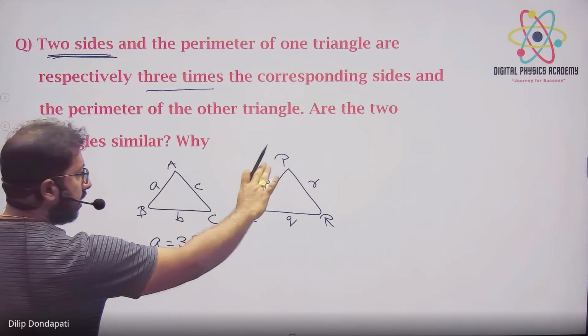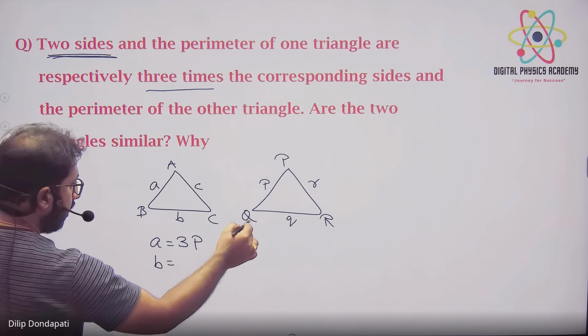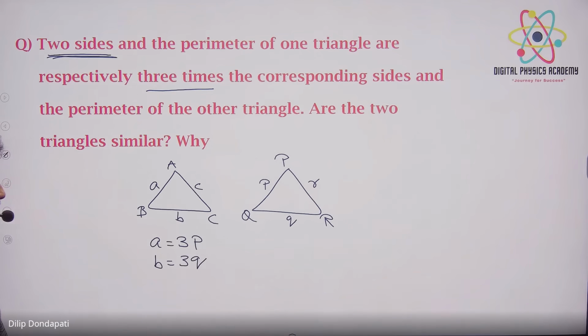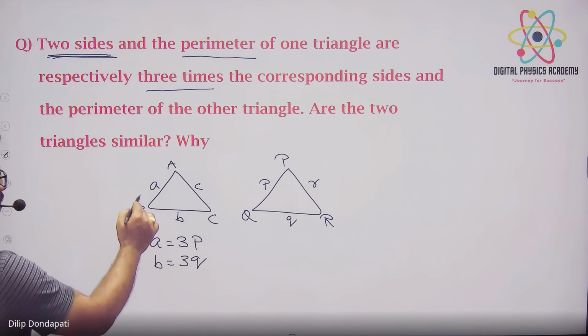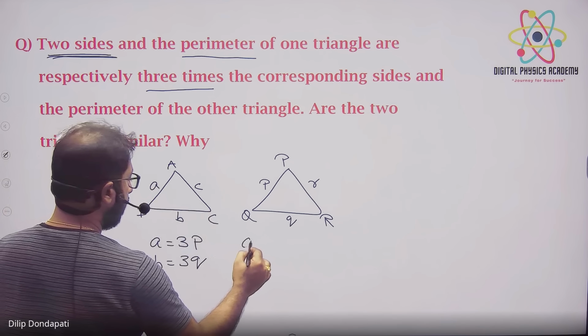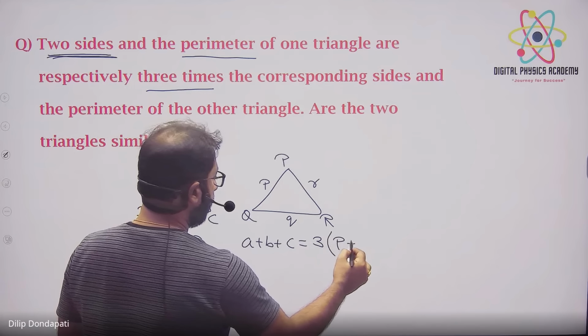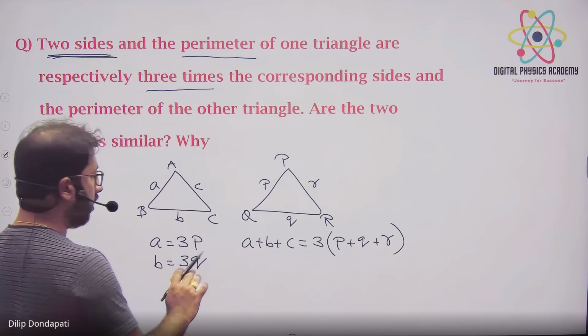Two sides. Take the second, b, which is 3 times q. Only these two are given. And the perimeter is also 3 times the other perimeter. The perimeter of the triangle, a plus b plus c, is 3 times p plus q plus r. This is the condition they gave. These are the 3 things they gave.